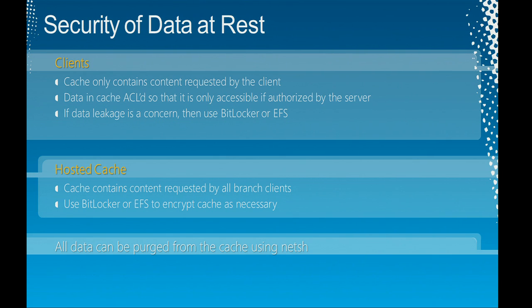It'll only appear on my drive if I requested it. So in a distributed cache environment, you can have different data on different caches because the users aren't doing the same thing. Accounting might be doing something, sales is doing something else. There's no need to cross-replicate their caches. They don't need that data.